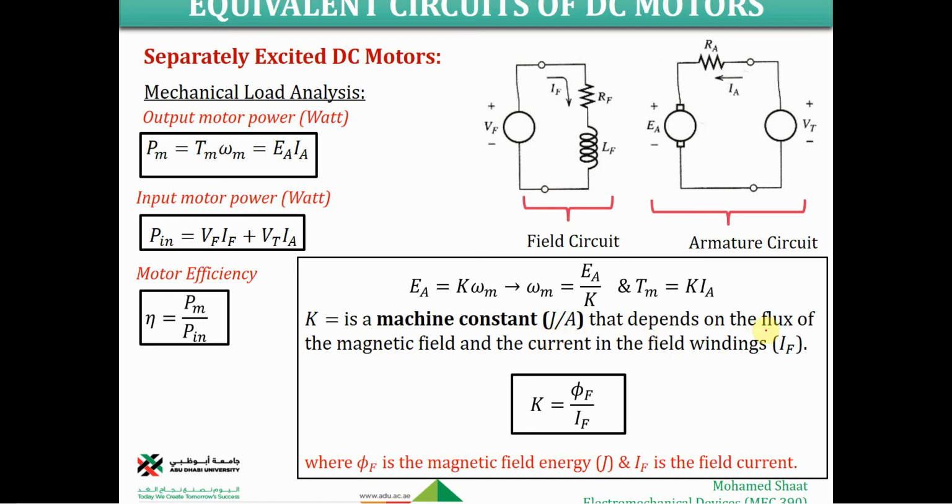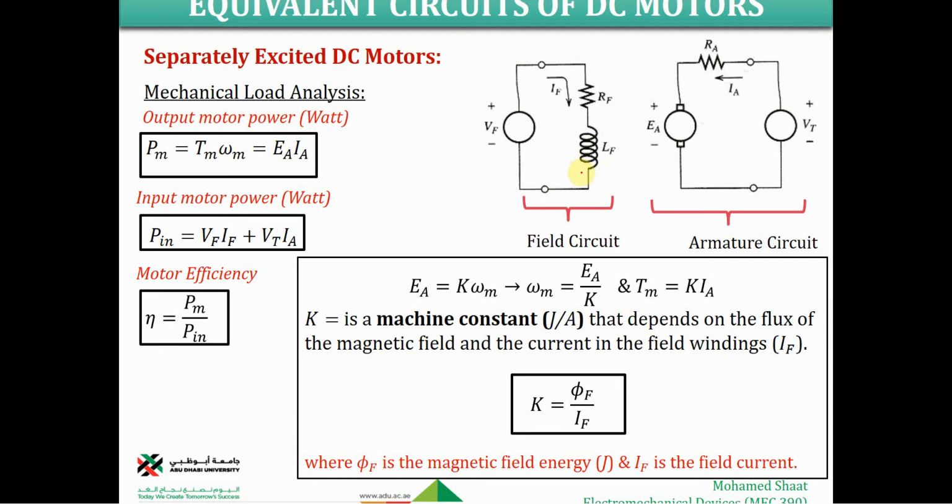That depends on the flux of the magnetic field and the current in the field windings. Basically, this constant depends on the magnetic field and the amount of current through this coil. As we mentioned before, this coil plus the current through the coil is responsible for carrying the magnetic field.